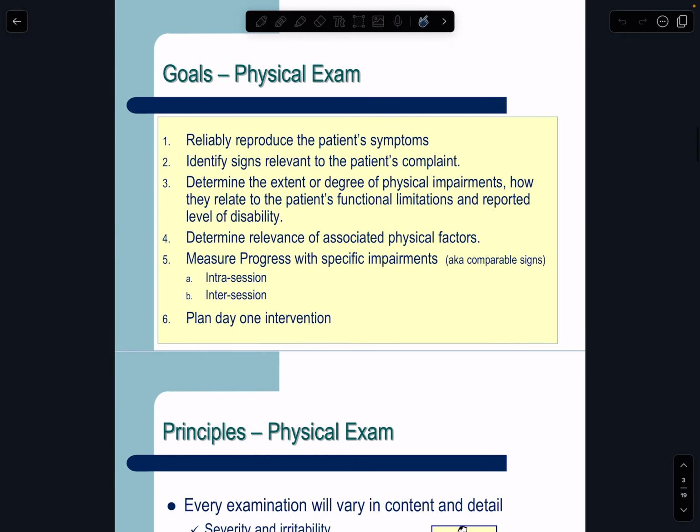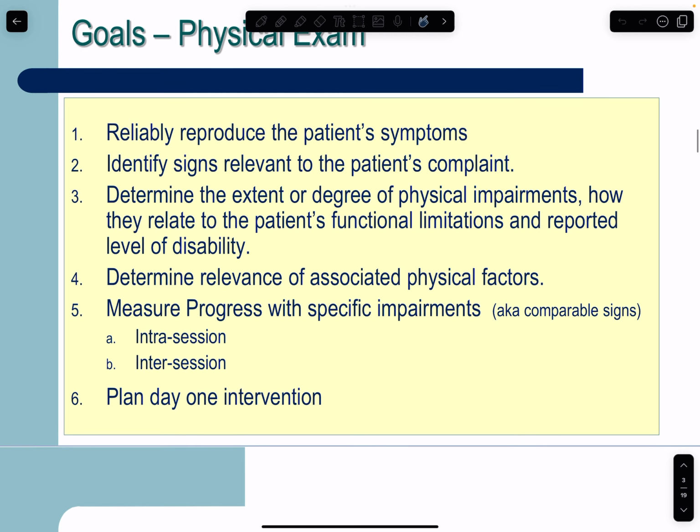So here are all your goals for the physical exam. They're pretty straightforward. Ideally, reproduce the patient's symptoms. And then find signs or impairments that are relevant to that complaint. And like I had mentioned, particularly with palpation, like vertebral palpation, you're looking usually for the signs, the changes in tissue texture, motion, that you would say, I know that joint is related to these symptoms even though I can't reproduce the pain by palpating here.